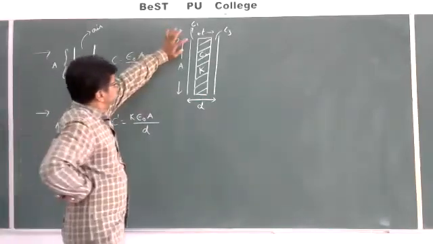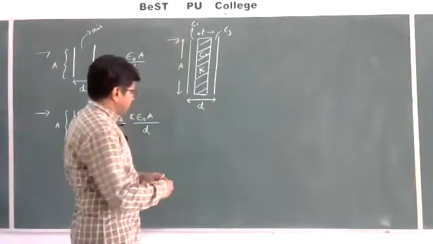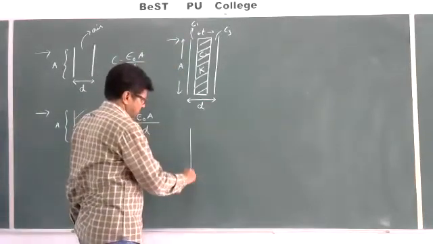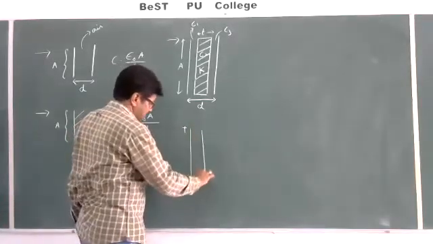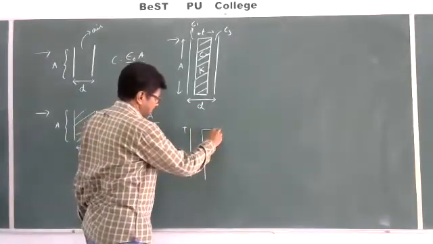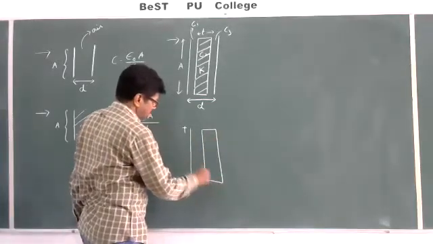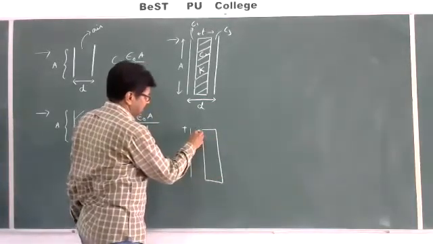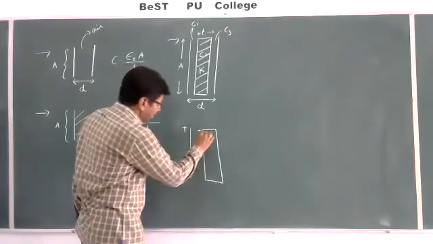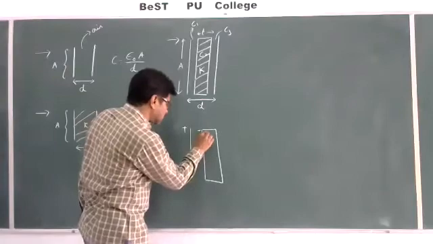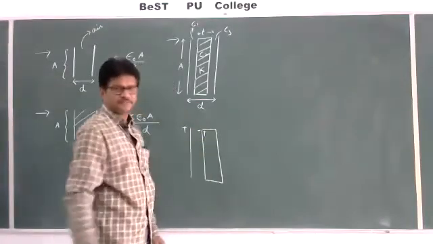Then see here, if this is the first plate, here I'll give the positive charge, and this is the dielectric medium. Due to induction, here the negative charge will be accumulated, and inside the positive charge will be accumulated.